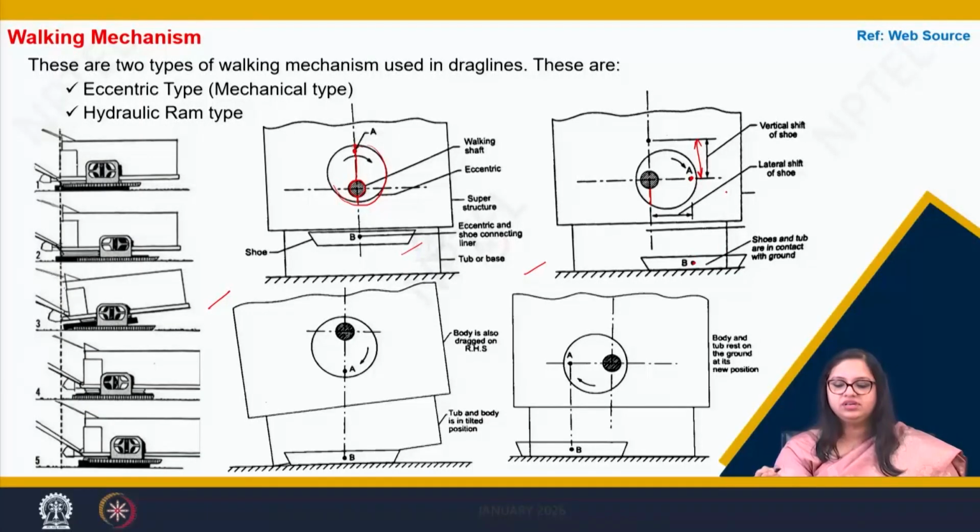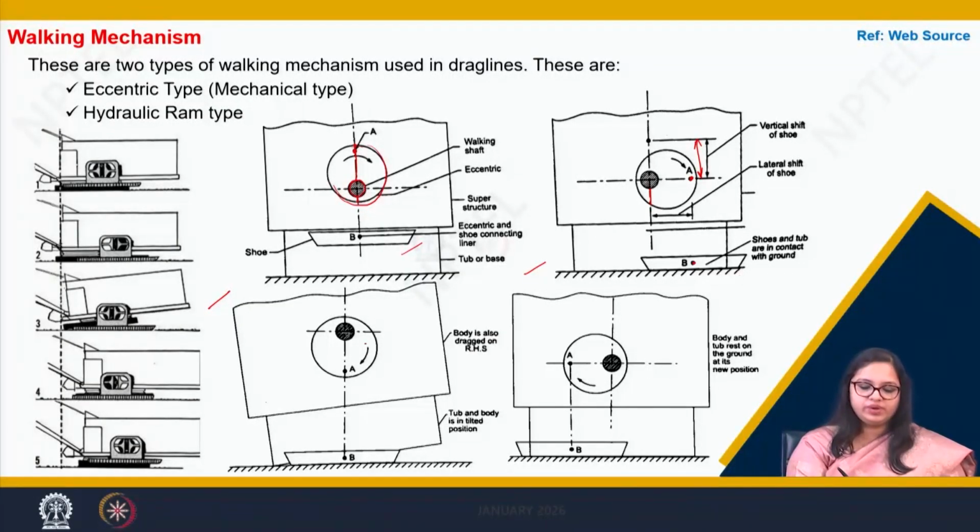So, this is a vertical shift of A that has happened, that has pushed this tub to touch the ground surface. Now, in the third case, when it again rotates, you can see the distance has increased below this walking shaft and it is at its maximum level.